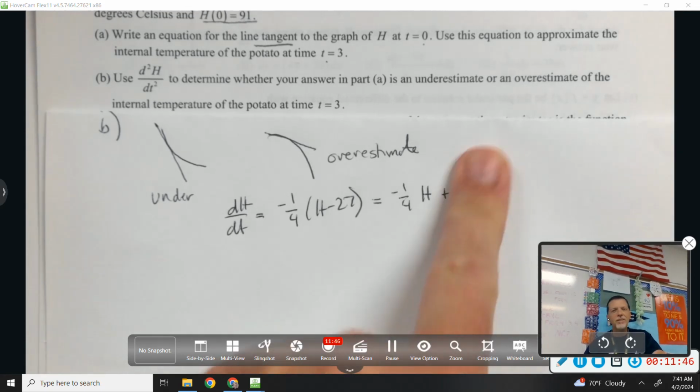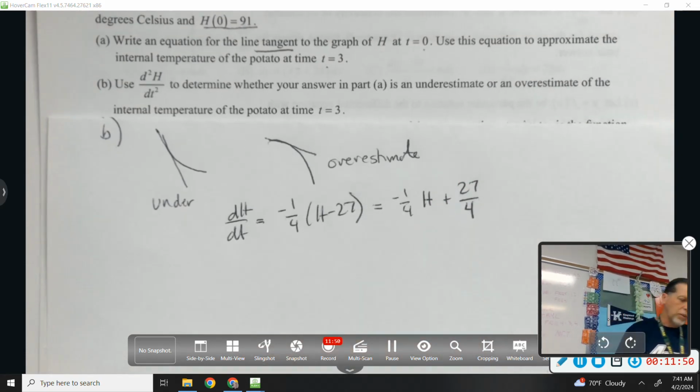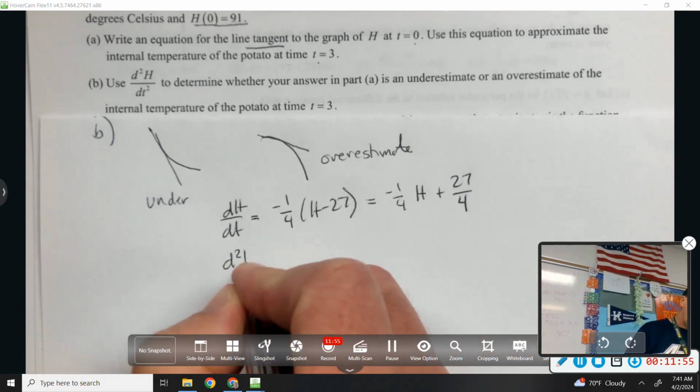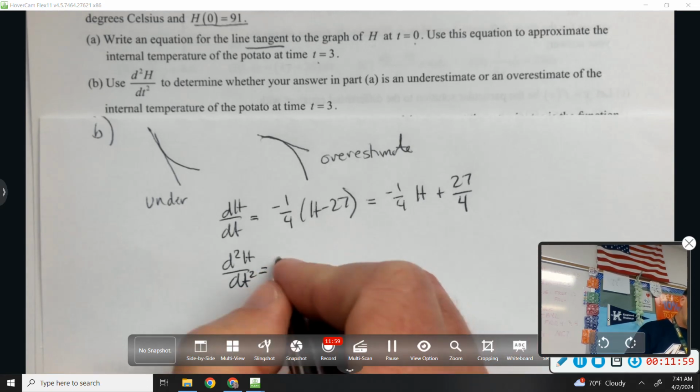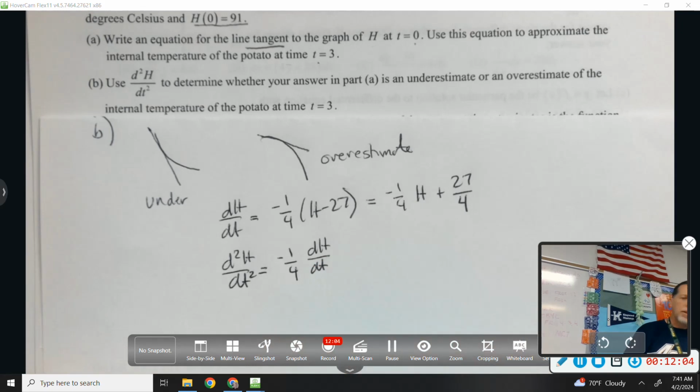That's going to go away, so I don't have to worry about it. So I think it's easier to distribute and then take a derivative. This step may look ugly, but the next step's going to be fine. So the second derivative, if I take another derivative, is going to be negative 1/4 dH/dt.